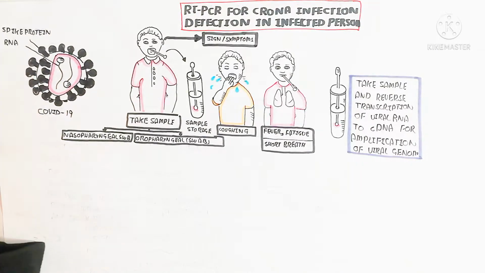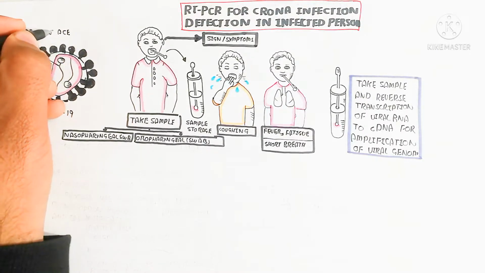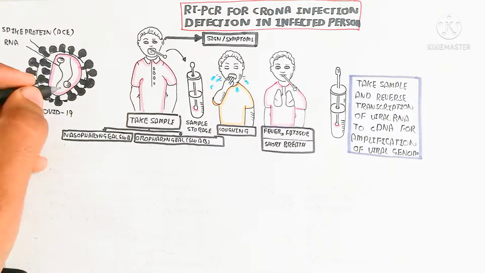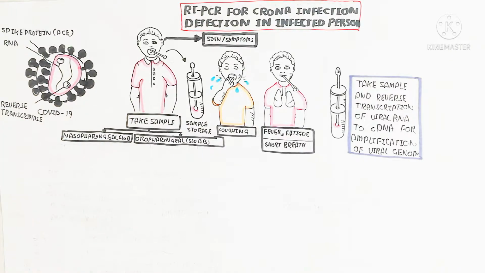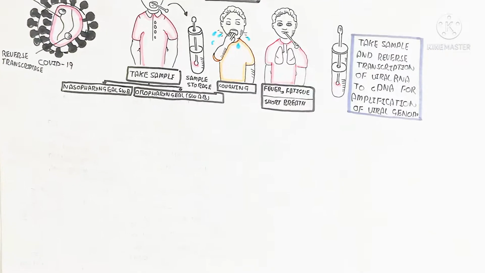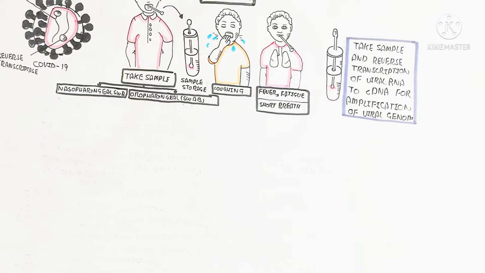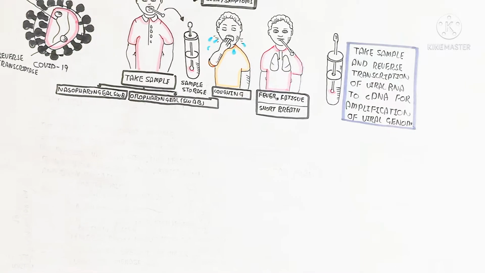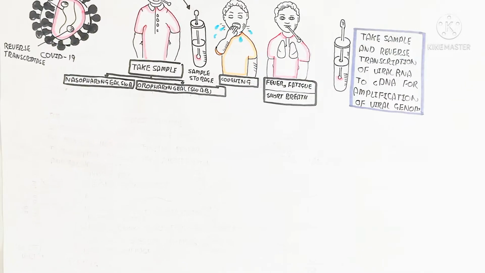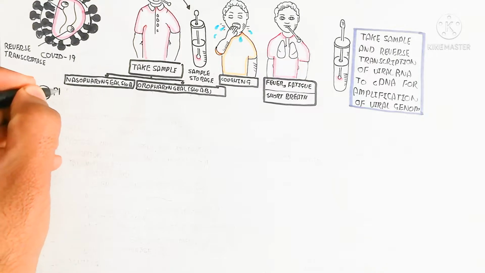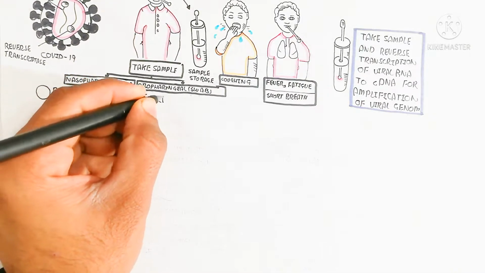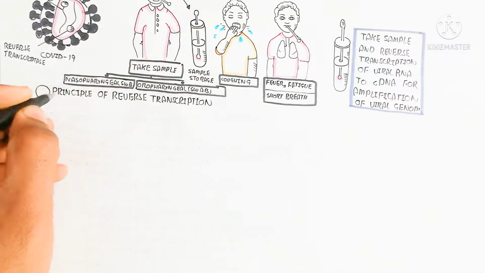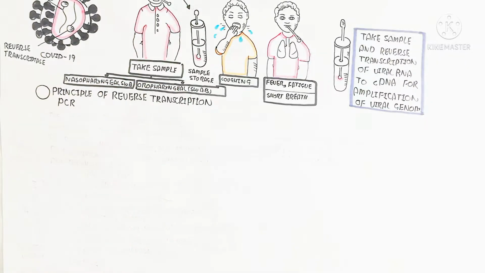So let's begin to understand the principle of reverse transcription PCR. The first step is the reverse transcription, because the RNA should be converted into complementary DNA for the further polymerase chain reaction. The principle is the same mechanism in which the reverse transcriptase enzyme synthesizes the complementary DNA from the RNA.